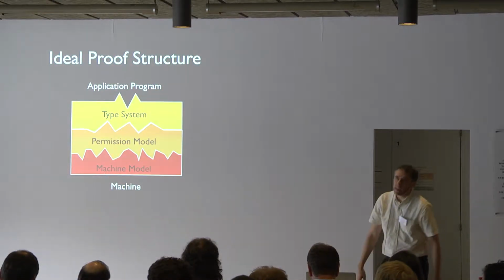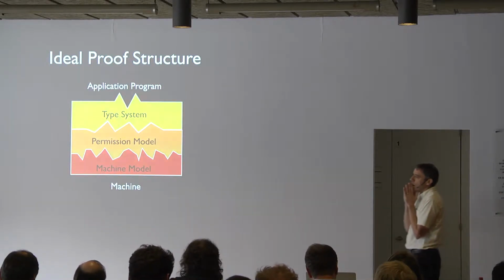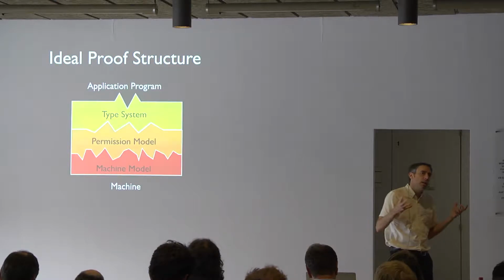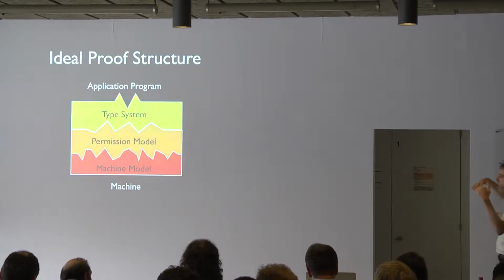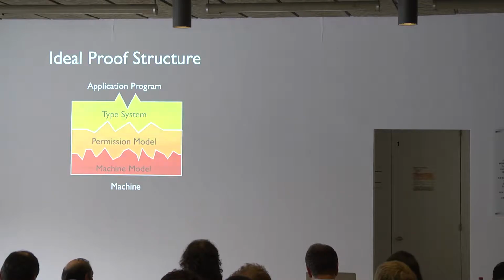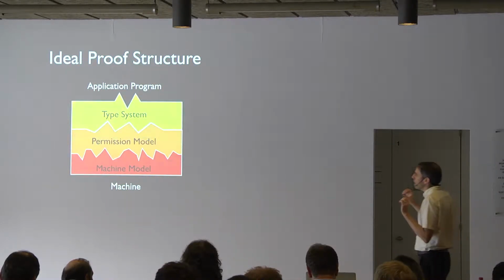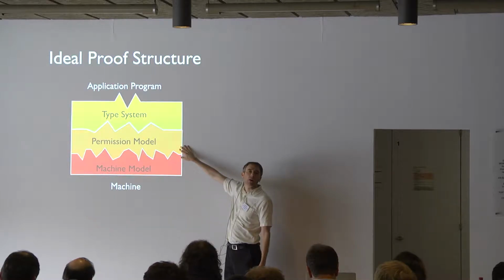Sort of the vague picture here is that this is our ideal system, that we have an application programmer working at a high level with respect to a type system. And the programmer is following rules of the type system, and then the type system is proved sound with respect to an intermediate low-level permission system, a permission logic or something of that nature, where the programmer is insulated from the permission model.